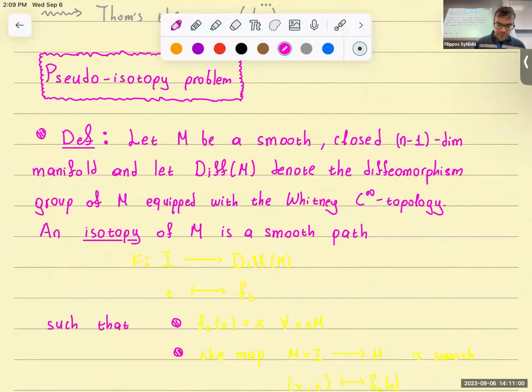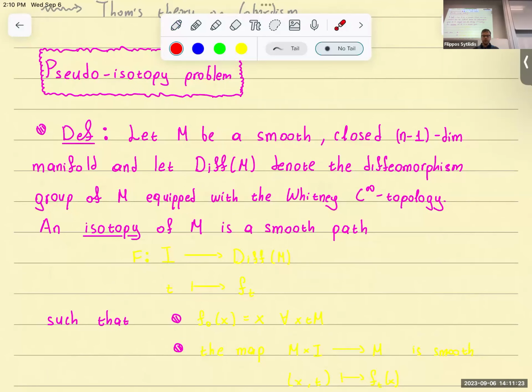But first, we're going to go through the basic definitions. The starting point is almost always going to be a smooth manifold, and for me, closed means compact and without boundary. Here I'm taking it to be n-1 dimensional. So we'll study the diffeomorphism group of M, the group of all diffeomorphisms of the manifold, equipped with the Whitney C^infinity topology.